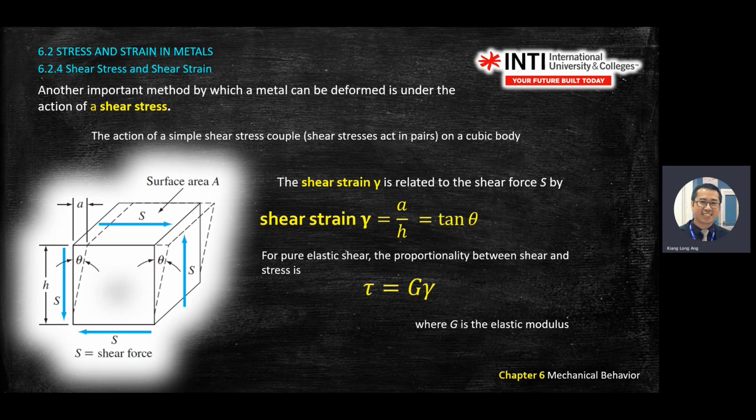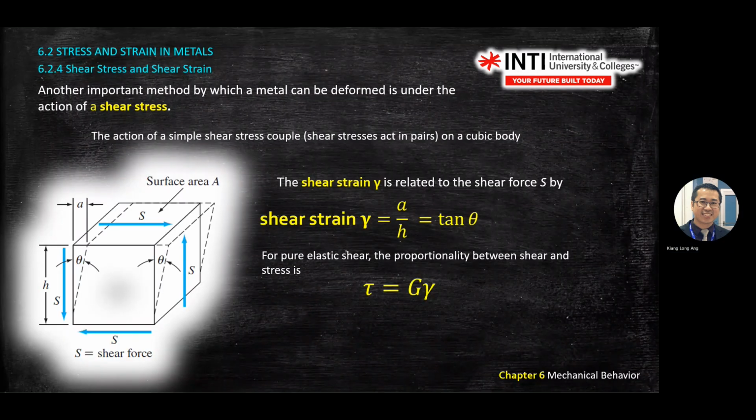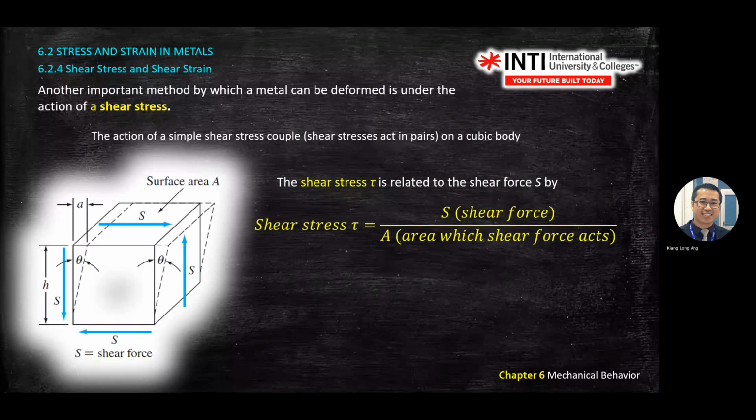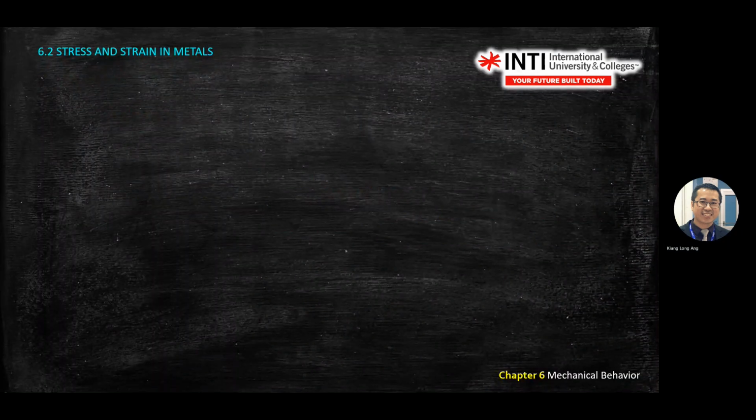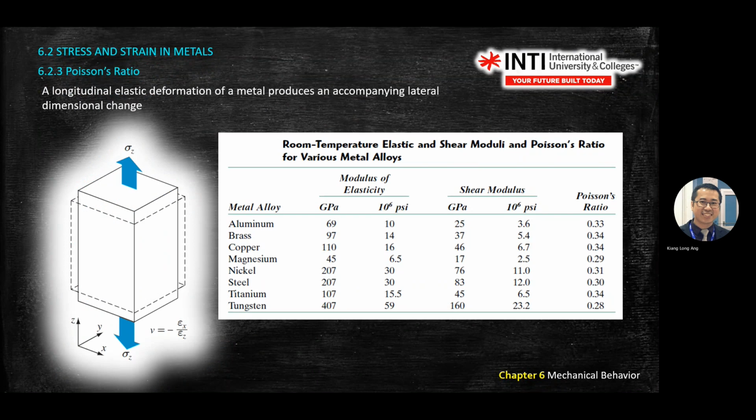This G is the elastic modulus, which is in the table. Just now I flipped back. This modulus of elasticity is E. This shear modulus is G. This one is for finding normal direction force. This one is for finding shear direction force.